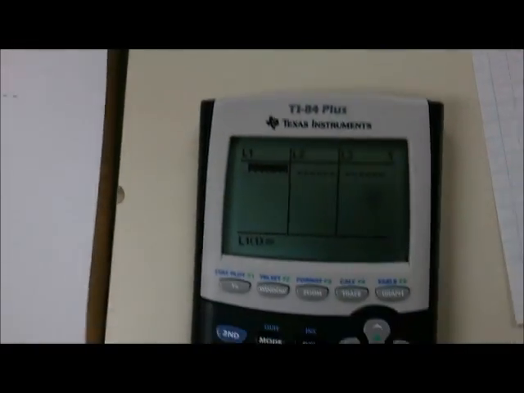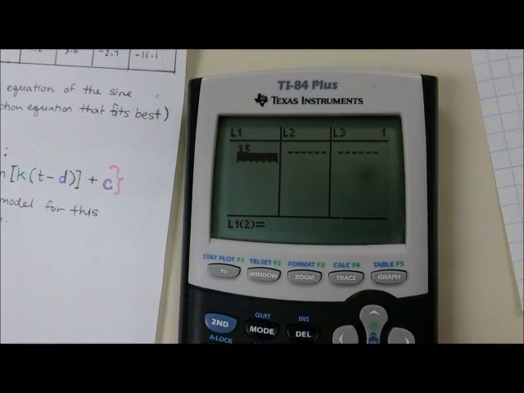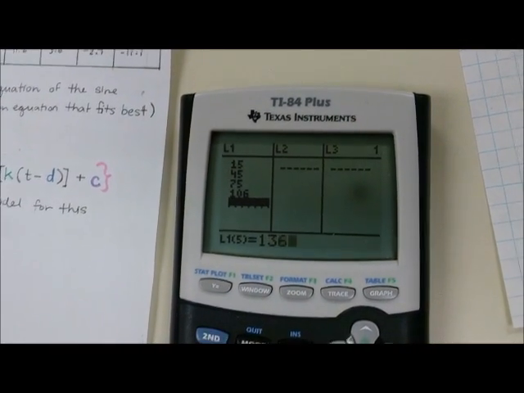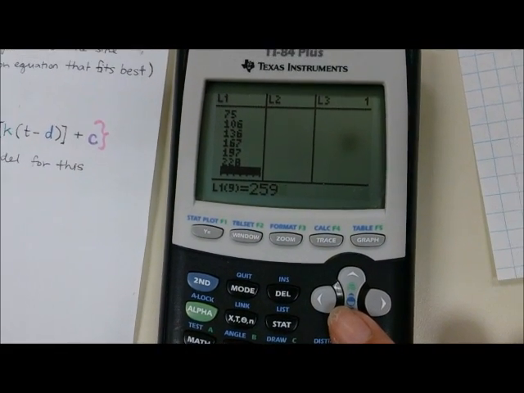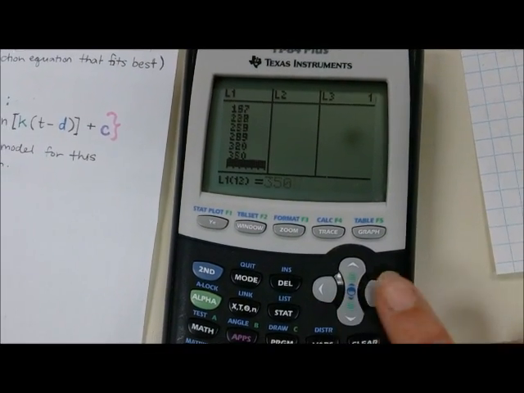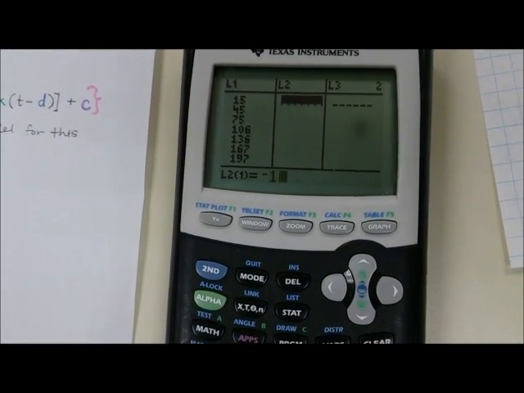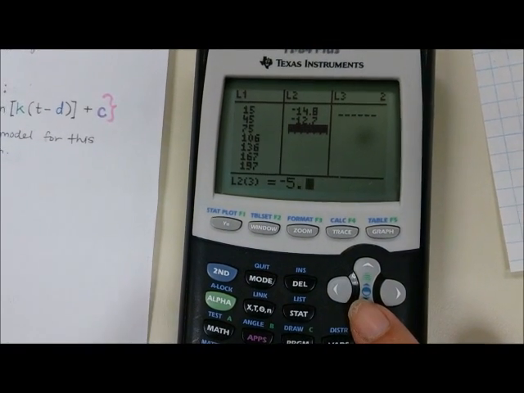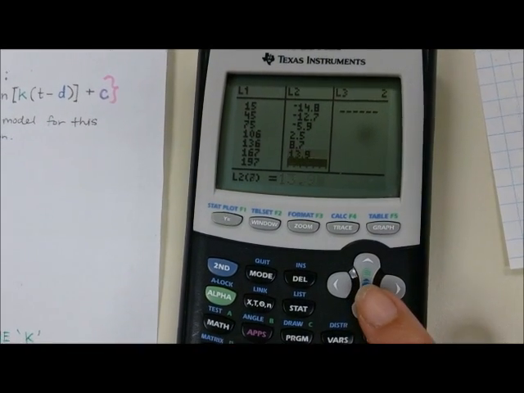For L1, we are going to be using the number of days: 15, that's for January, 45 for February, 75 for March, and I'm going to keep going until we reach December. For L2, we are going to be inputting the temperatures. So for January, it's going to be negative 14.8, February negative 12.7, negative 5.9, 2.5, 0.7, 13.9.